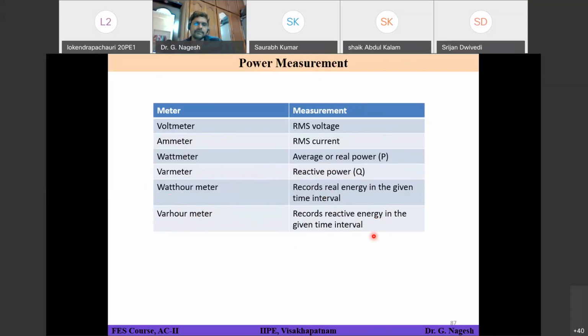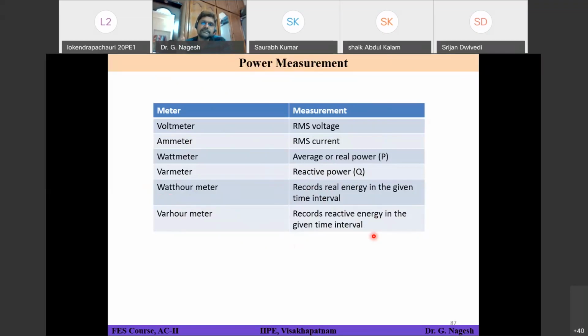If you see the energy meter in your home, you will have something which is rotating. You have seen it, right? That means you are consuming power. Your electricity bill will be charged based on the number of units you have consumed. The speed of that rotation varies based on the power being drawn.